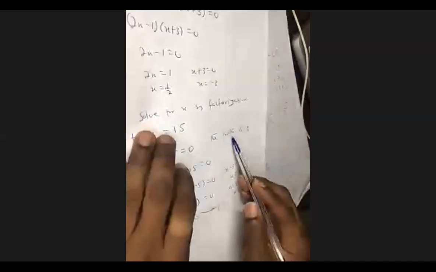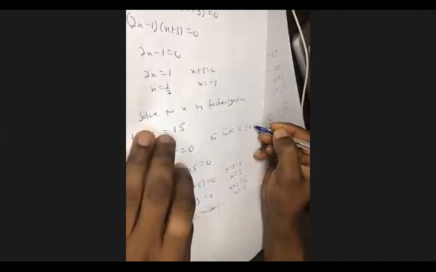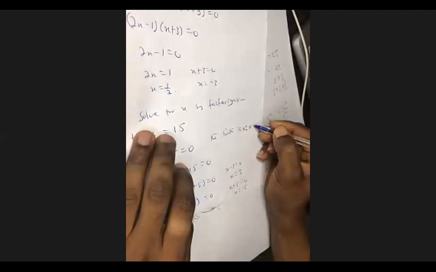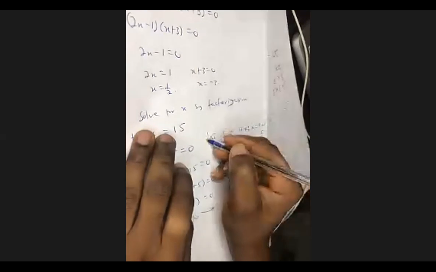So the truth set is x such that x is equal to 3 and negative 5, in curly brackets, like this. This one can fetch you like 1 mark. Good. Now, polynomials.